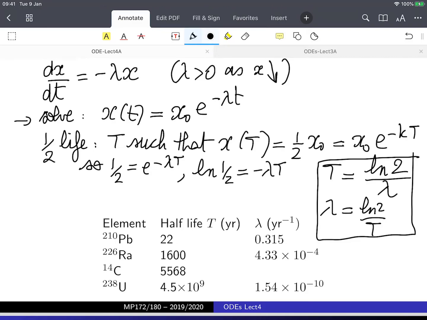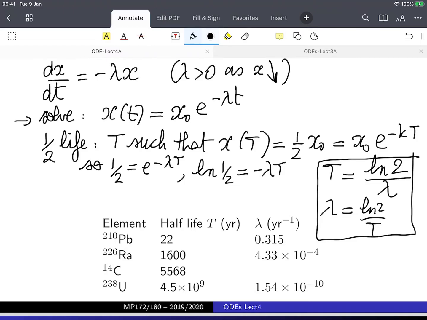If you want to do things in a human life, probably lead, Pb, is better. If you want to do things in the Christian era, radium is better. If you want to do age at the planetary scale, universe scale, uranium is better. Which is scary when you think that's what we use in nuclear power plants.